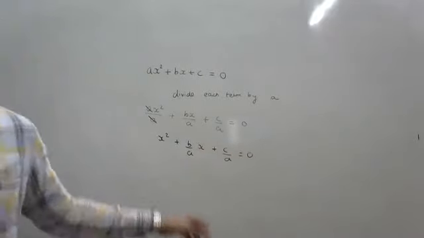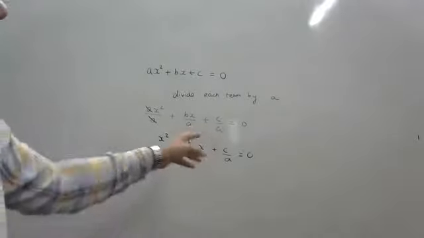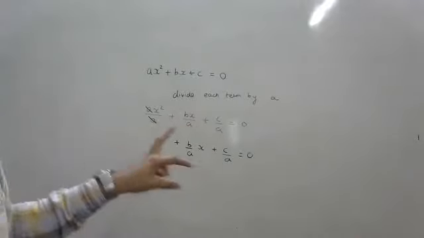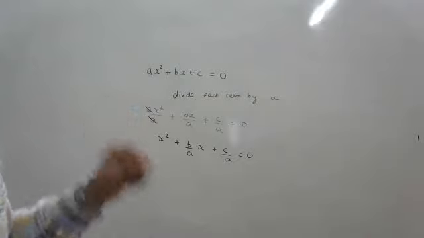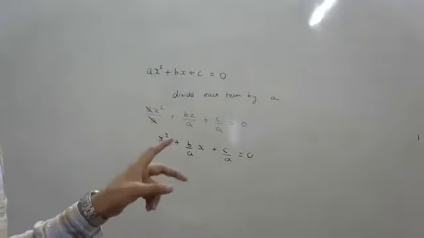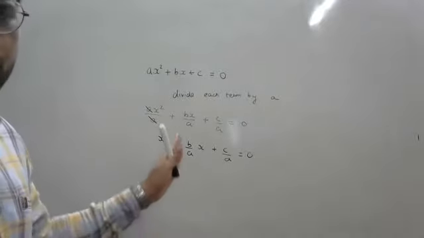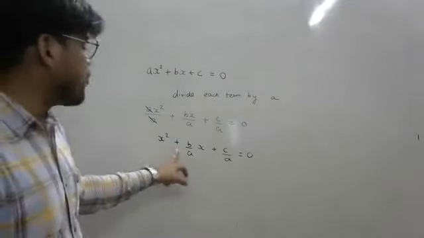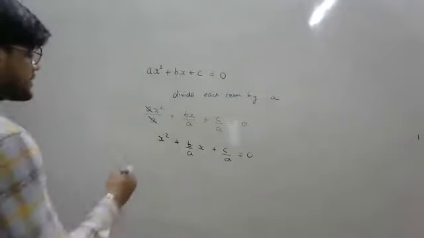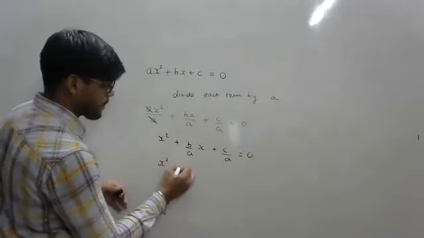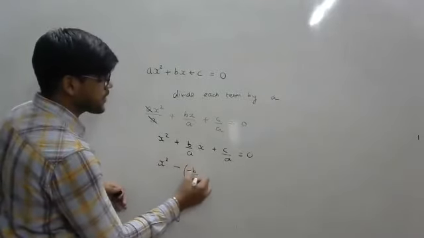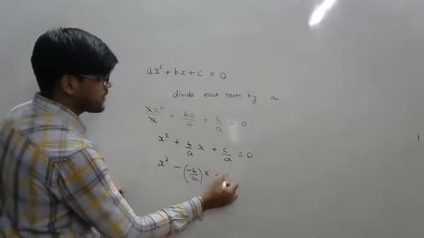Now these two formulas: c by a is directly the product of the roots, but for b by a, we need a minus, because sum of roots is minus b by a. Sum of roots is minus b by a, and we have positive b by a. So we can write this as minus of minus b by a. It's one and the same thing.